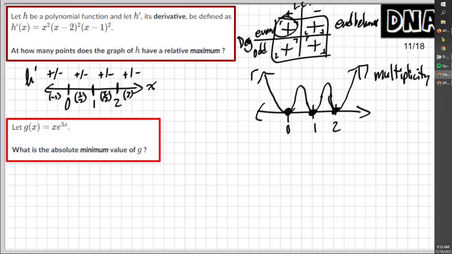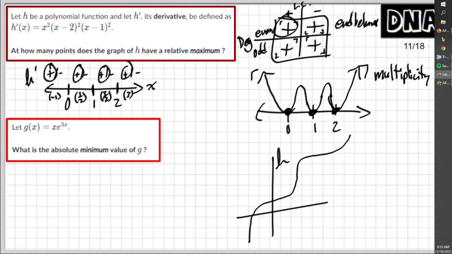This one never goes negative. So you know what that means? All of these are positive. That means if I were to look at h, which we don't know, h would look something like this. It levels out and gets a slope of 0 at those x-intercepts, and then would just keep increasing.